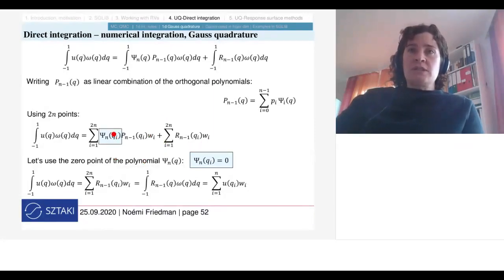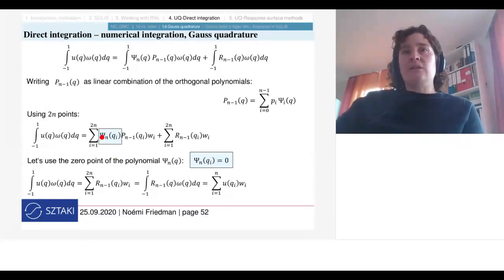But if I use these q i to be the zero points of this n degree polynomial, then this term cancels, and then this whole term cancels. Then the only thing I have is this other part remaining. This part remaining is actually just the integral of the second part, right?